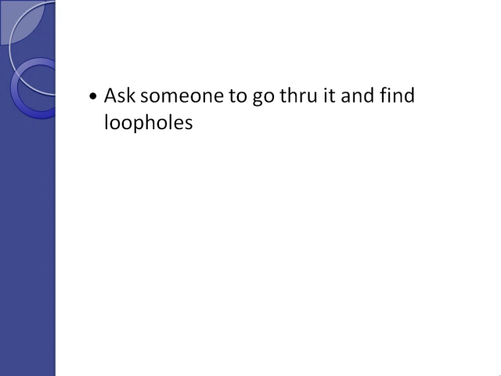The first thing you want to do is ask someone to go through your product and find loopholes, find unanswered questions. Now, as you can see, if you look back, the first thing we did was plan, and then we created an outline. Then we did our sales. Then we fixed the outline. And as you can see, we're improving the outline, so we're trying to fill in all the possible loopholes that we can.